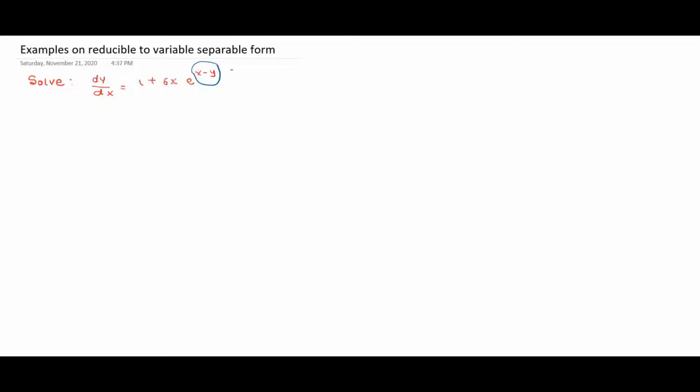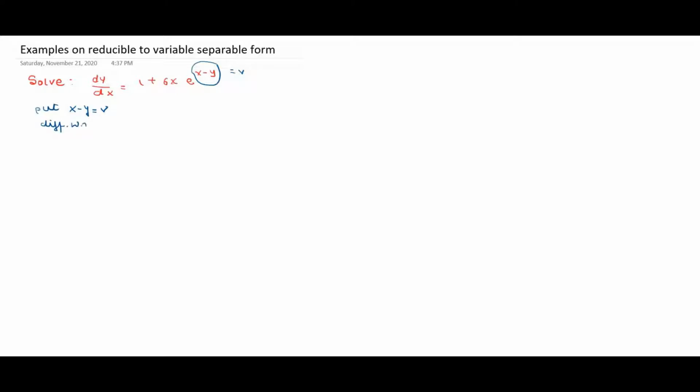is equal to v. So, I will write here, put x minus y is equal to v. If we differentiate with respect to x, what is differentiation of x with respect to x?